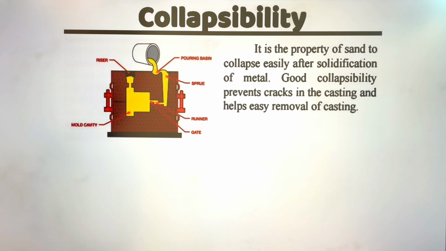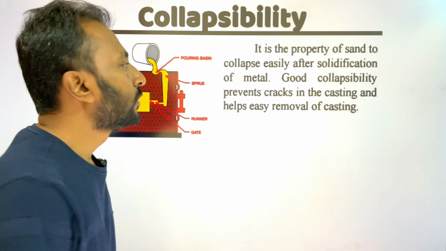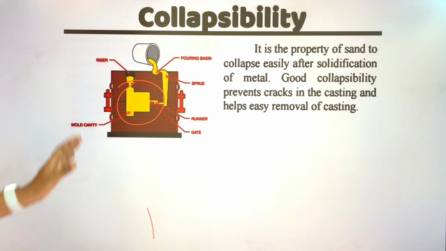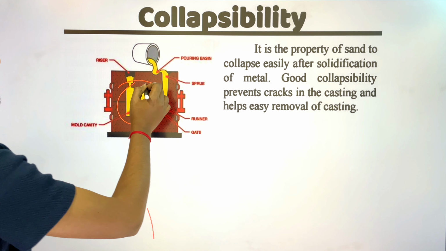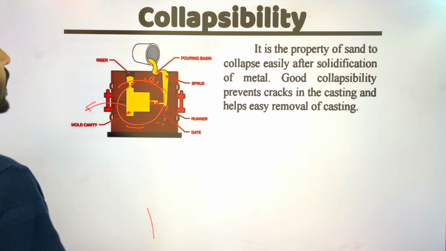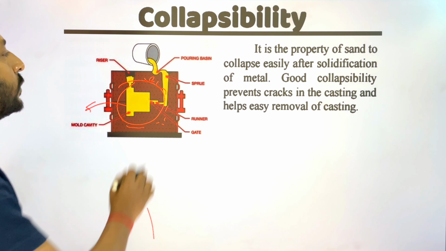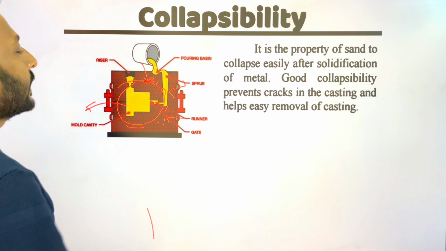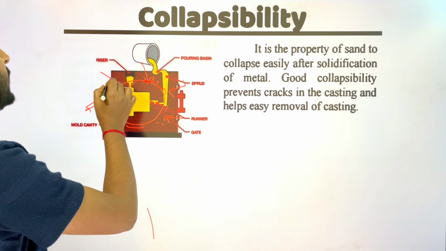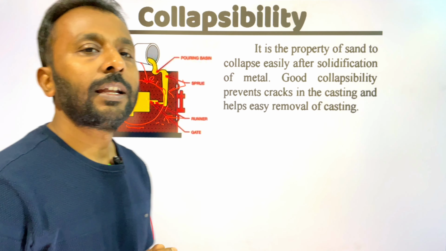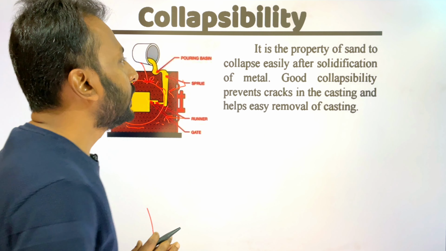The next and last property is collapsibility. When we have finally created the casting product, we break the molding sand and take out the product. When we are collapsing the molding sand, the product can be harmed or broken down. This will not happen if the molding sand has the property of collapsibility.